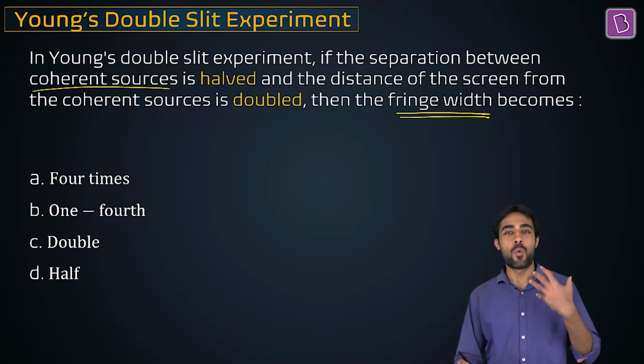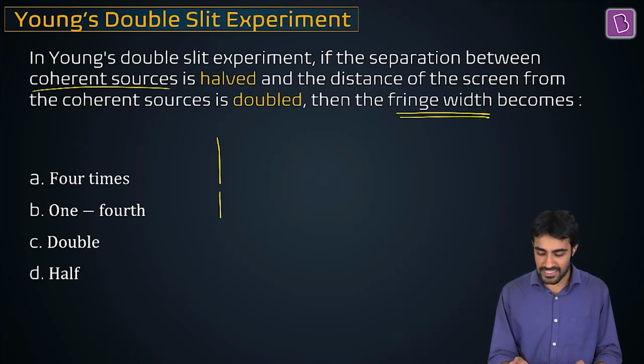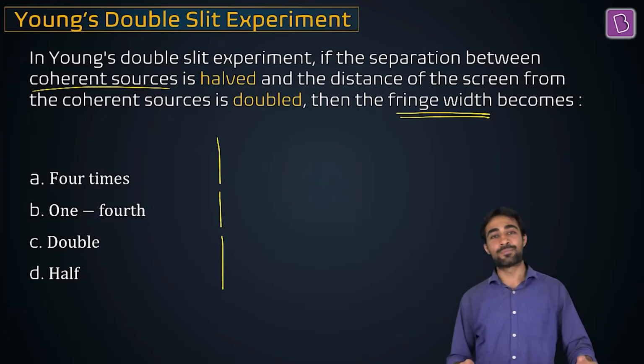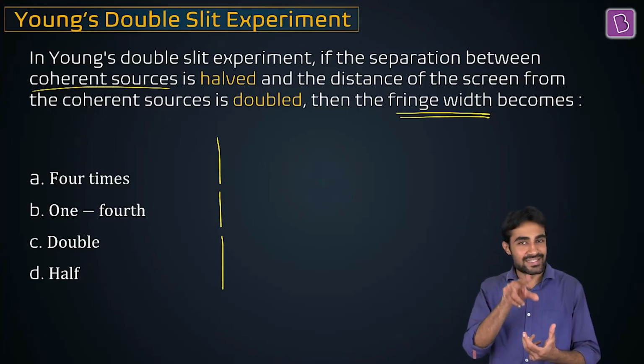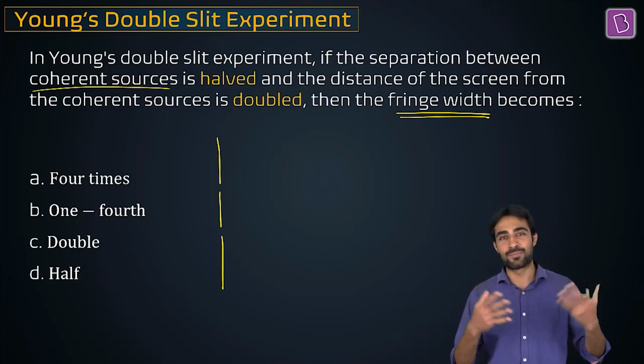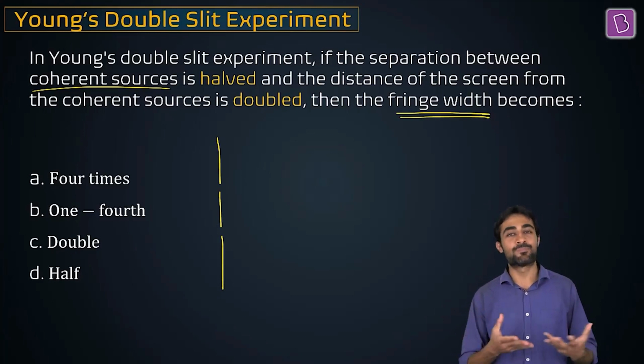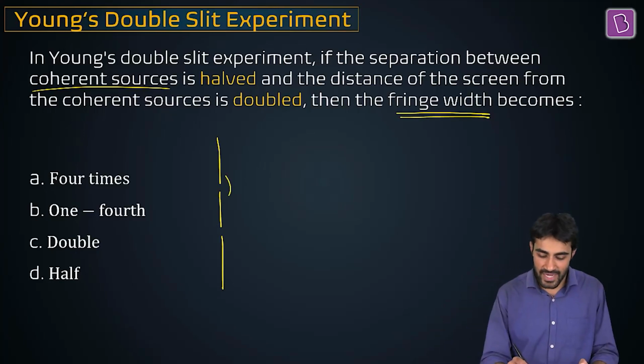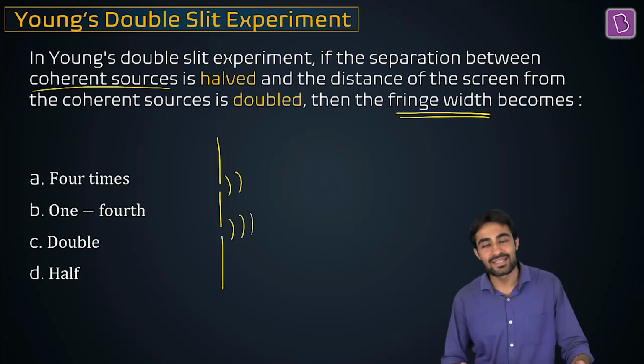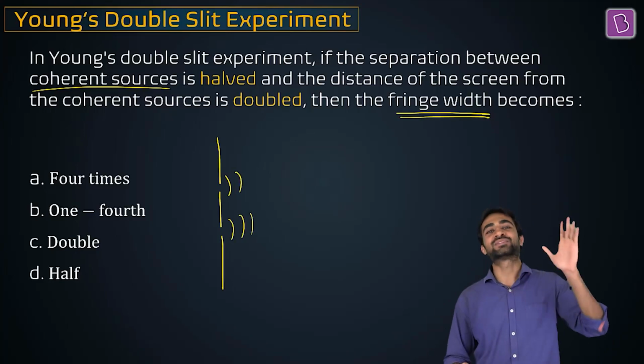Now let's see what the double slit experiment is. You can take a piece of paper and make 2 slits on it. When you pass some laser light through this paper, you can see light will emerge from these 2 slits. These slits behave as coherent sources.